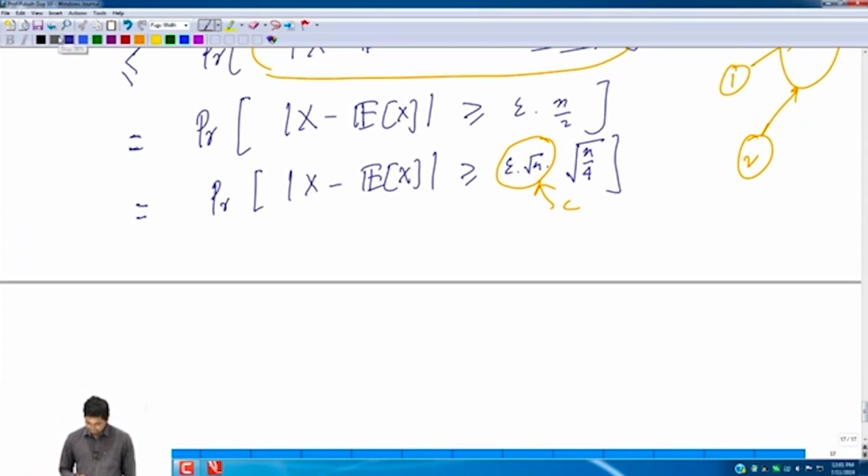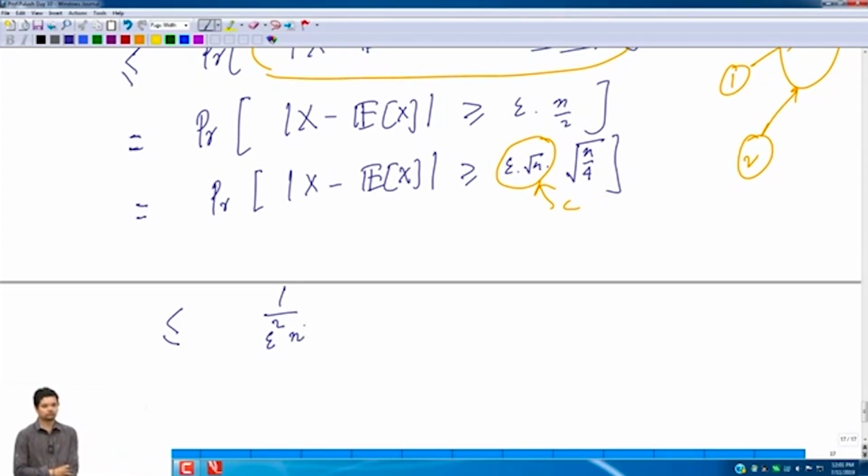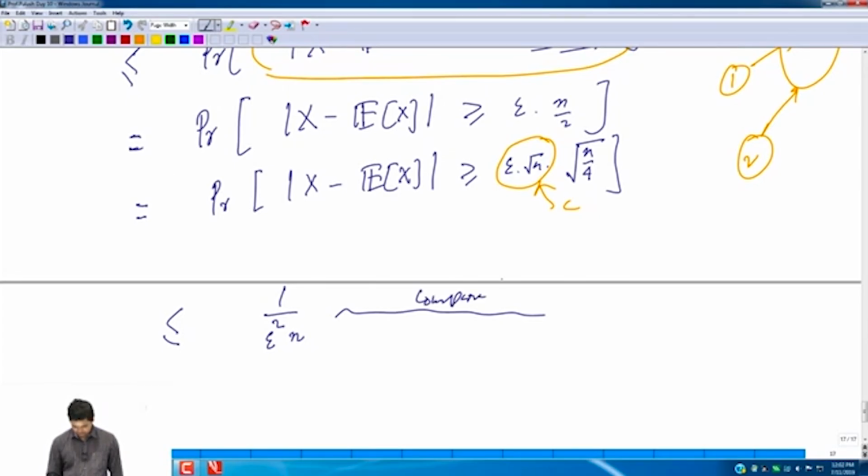And get what? Less than or equal to 1 over this constant square, 1 over epsilon square n. Now look at this. This right hand side is much smaller. Compare it with Markov.